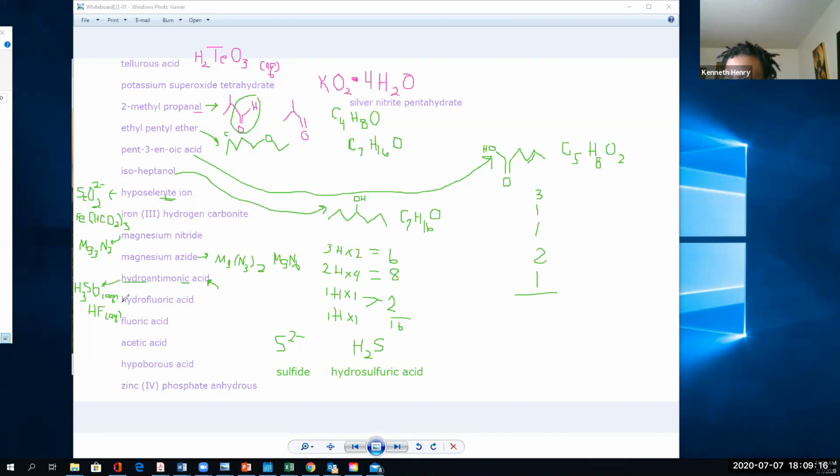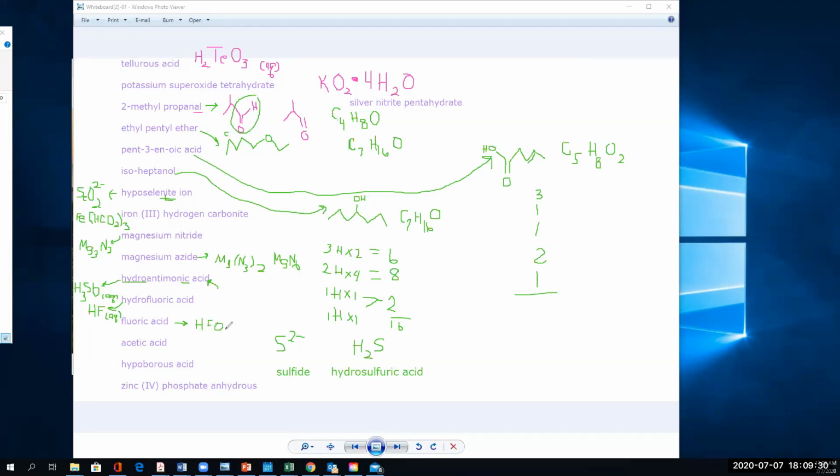Boy, we run out of room fast. Would it be HFO3 aqueous? That is correct.